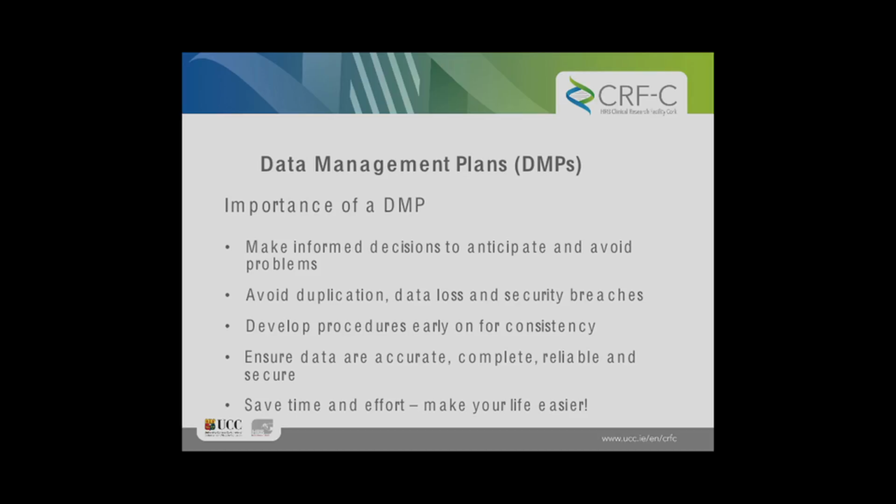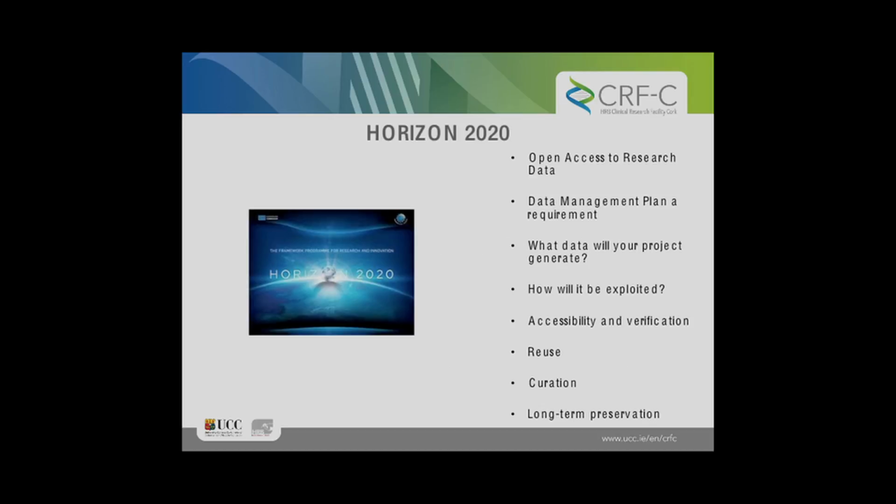So there's a lot of bits and pieces involved in data management, and we have to piece it all together, and everyone's best friend from this meeting will be the data management plan. So we need to have, or at least start thinking about, these data management plans and the importance of them. They really do help you make informed decisions, anticipate and start avoiding problems. If you can do these very early on, it's very important.